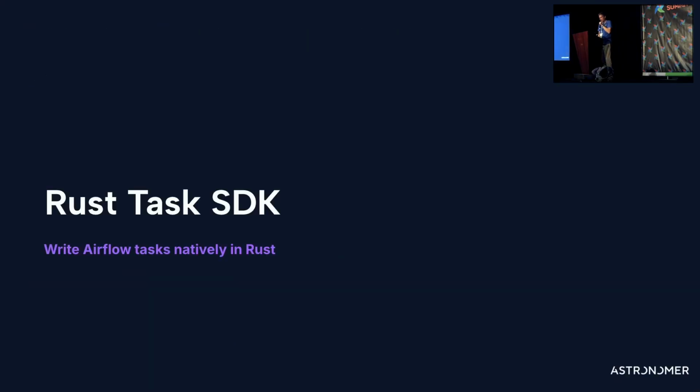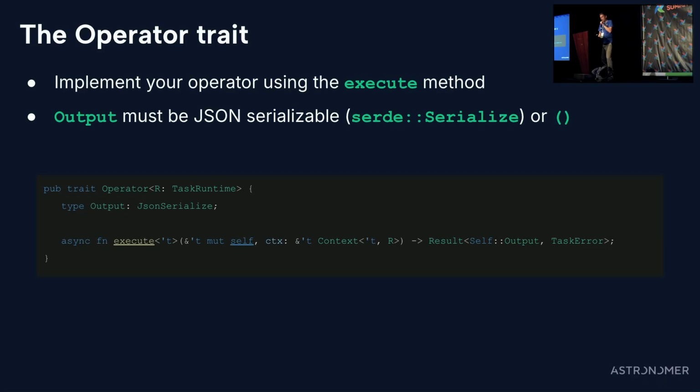So now let's look at the Rust Task SDK, which actually lets you write tasks natively in Rust and run it. And the core of the Task SDK, for me at least, is the way you define an operator. And it's very similar to a base operator in Python. You have a trait called operator, and it has an execute method.